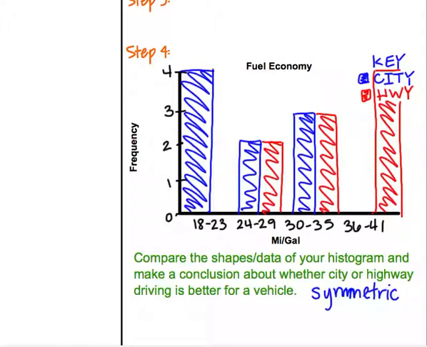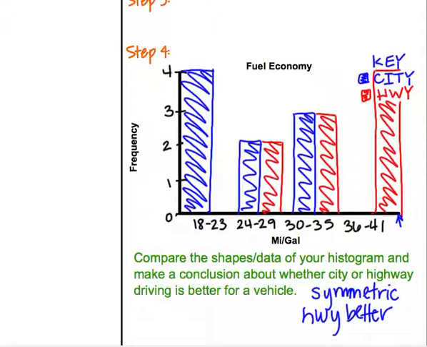And so I would have to say highway miles is better. And we talked about this in class when we did the POD, because highway miles, as you can see, you're going to get the better gas mileage.